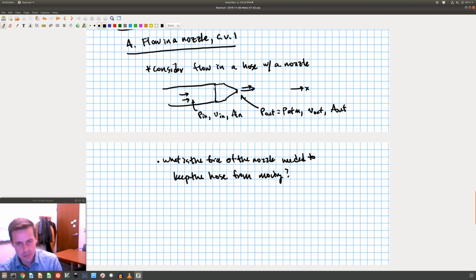If I have to grab onto this, or fix it with some bolts or something, what is the force that I would need to keep that hose from moving? So step 1 is to draw a control volume.